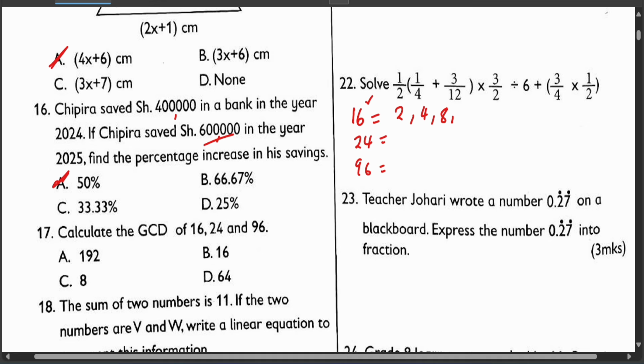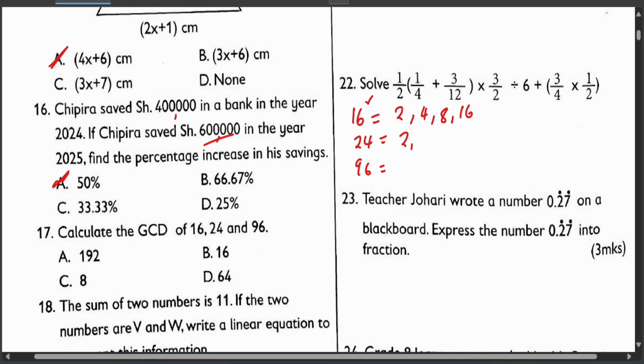Now 16 yenyewe nyingine. Common divisor 24 ni 2, 4. Is it 8? 24, 6 yenyewe 8 and 8. By the way, kuna 3 pia. So divide by 3.